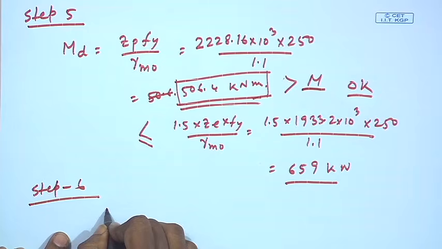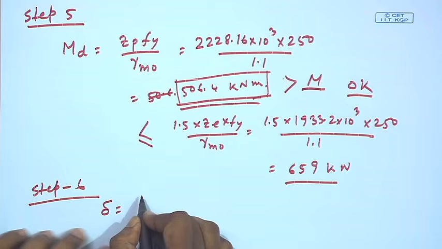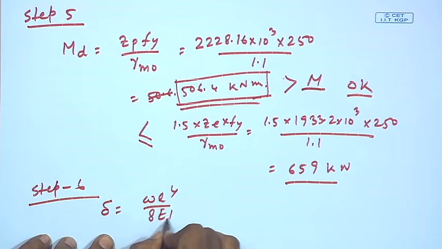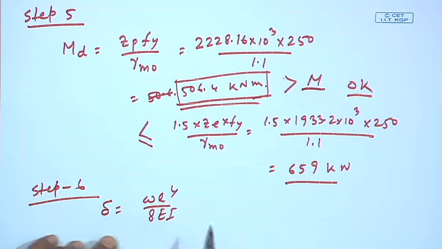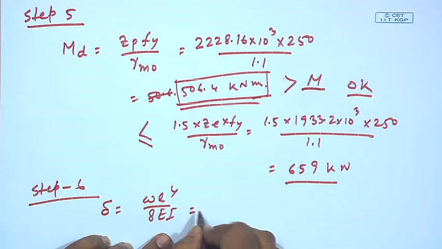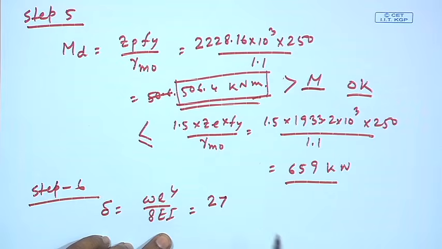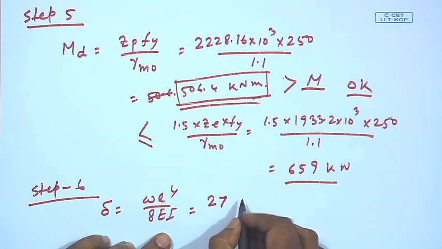So, check for deflection. Delta, we know, will be W L to the 4 by 8 E I. This will be the maximum deflection for a cantilever beam. So, if I calculate, W will be 27, because this will be under service load.